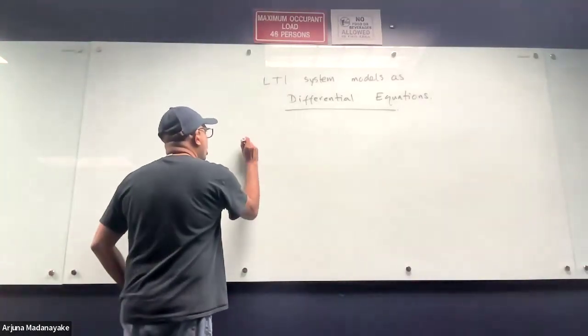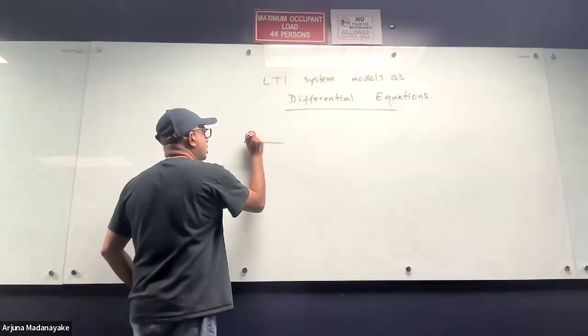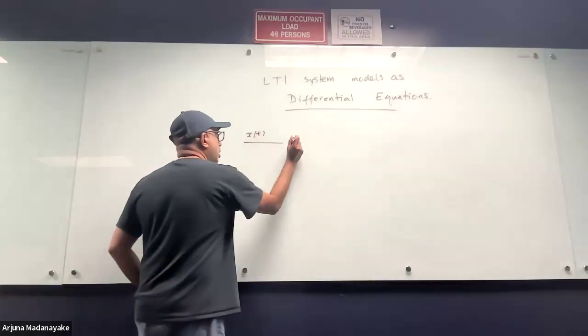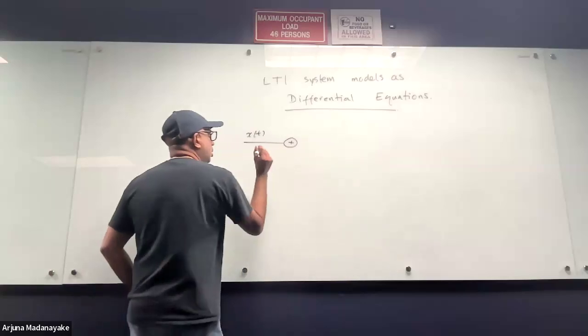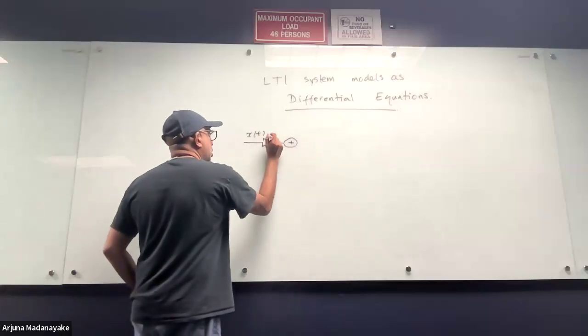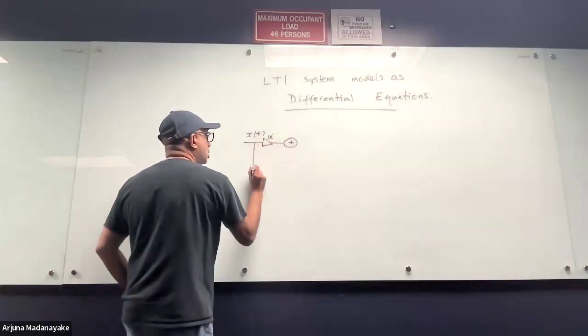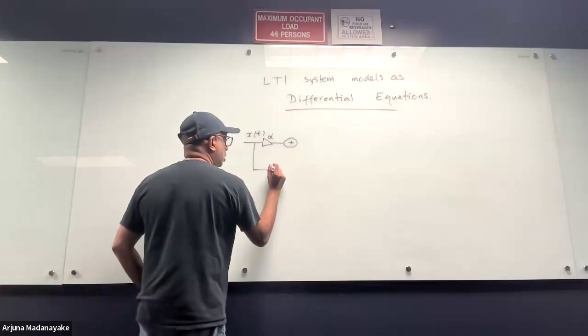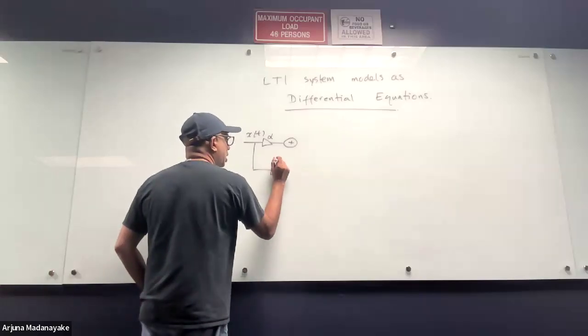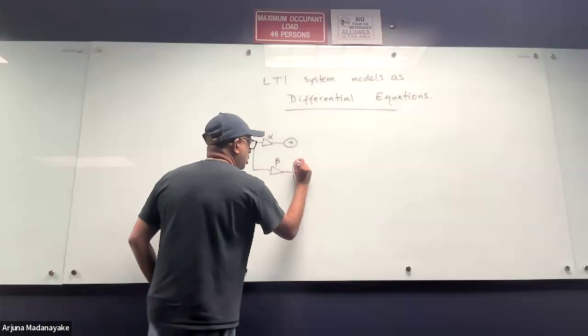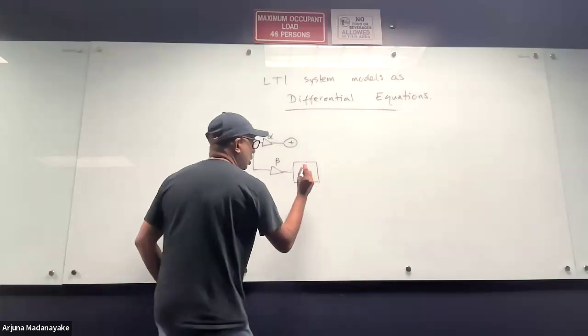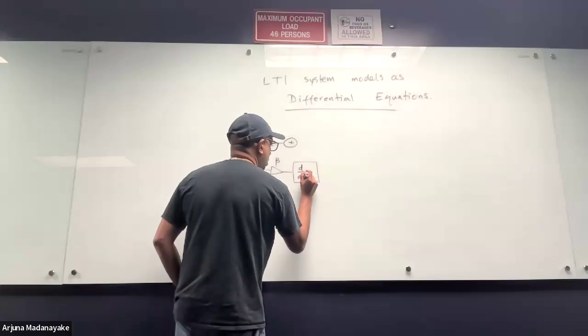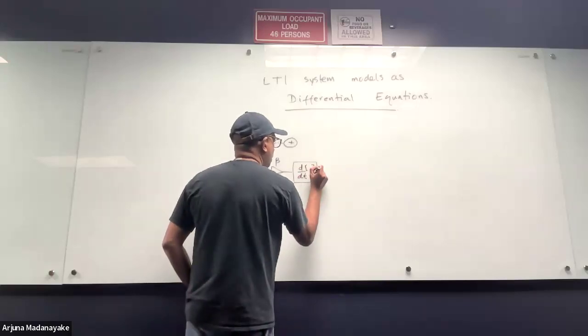So let's say you have a system which takes in x of t, right? It has a coefficient alpha, and another coefficient beta, and you have a d over dt operation.